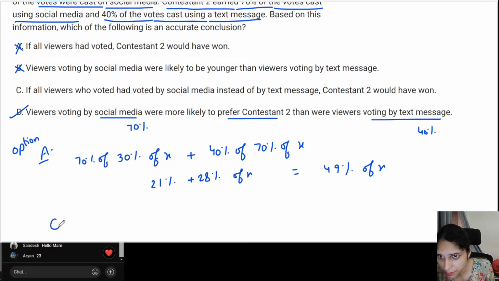Now in option C, if all viewers who voted had voted by social media instead of by text message, so nobody is voting by text message, X is your total viewers, 10% voted and it received 70% of the votes. So it would be 70% of 10% of X.